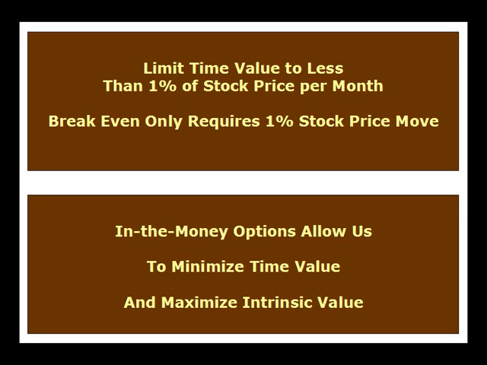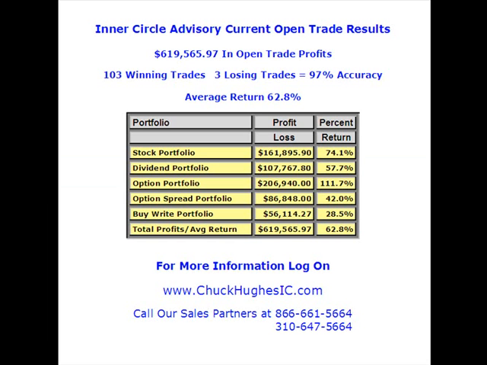So if you limit the time value to 1% of the stock price per month, you're going to have a much higher probability that the trade will break even and make a profit. So in the money options allow us to minimize the time value and maximize intrinsic value.